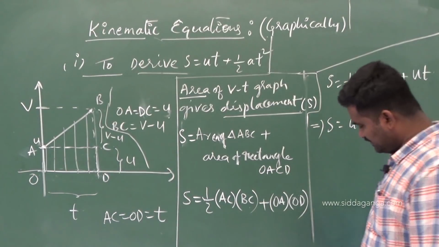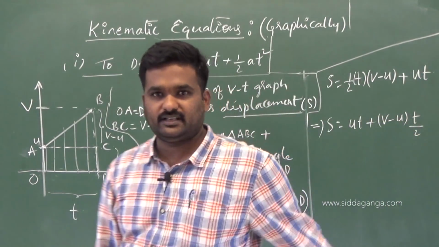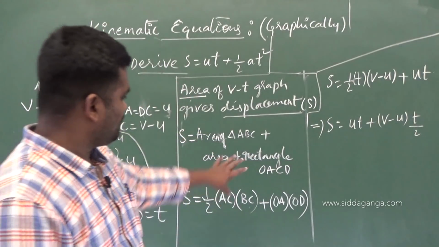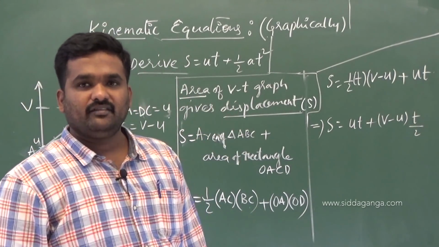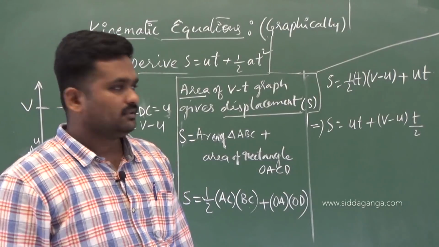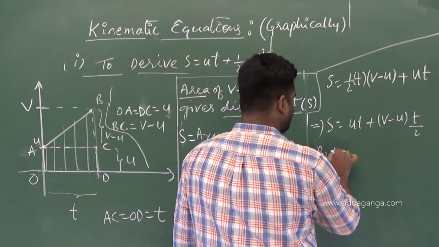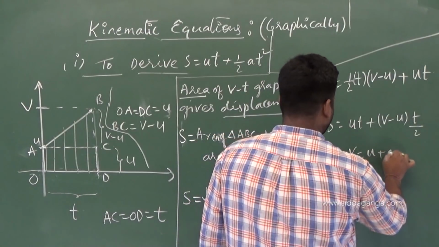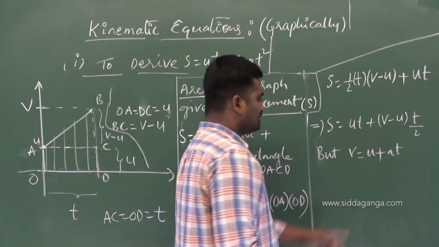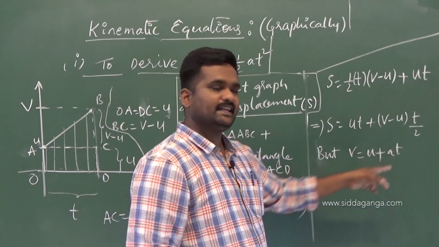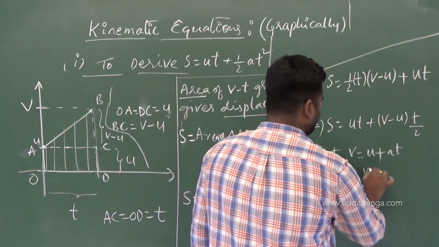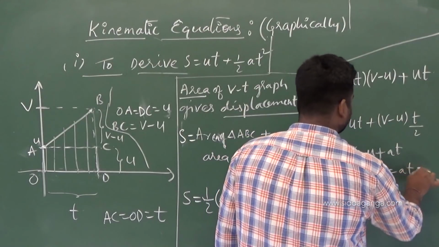Earlier I called one equation equation number 1. I have rubbed it here, but it is the previous derivation we have done: V equals U plus AT. So V minus U equals AT.